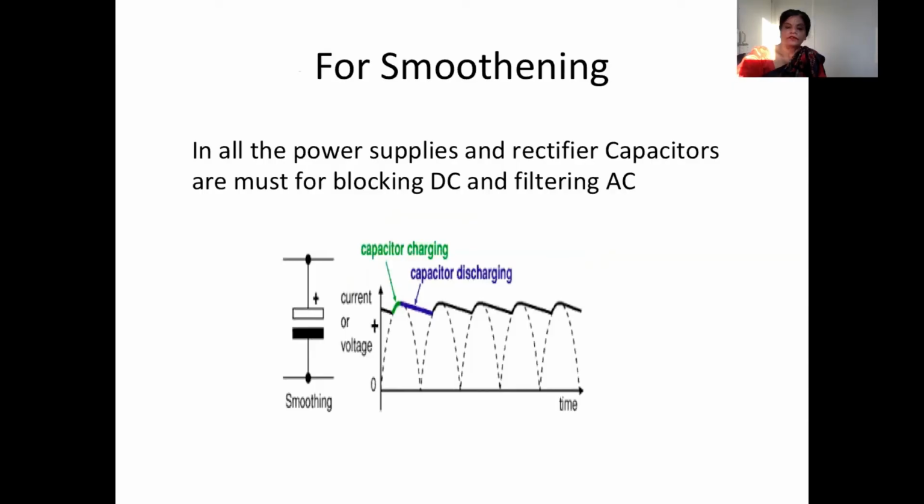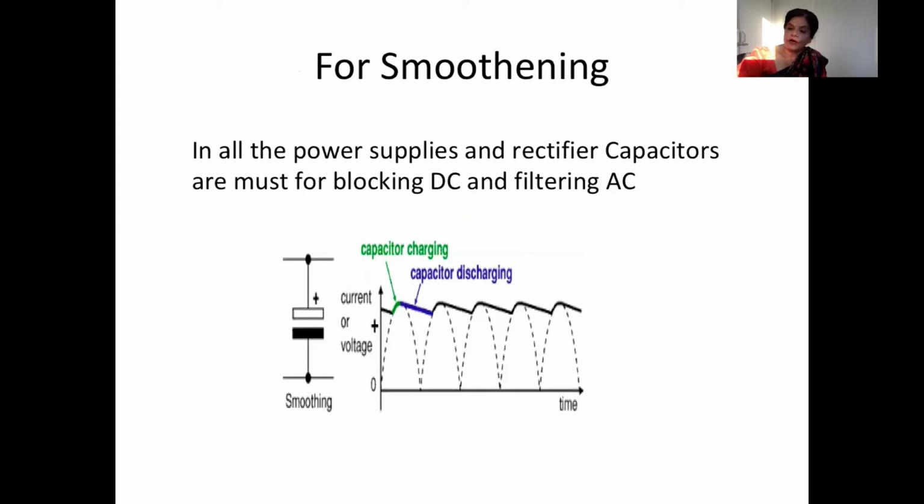For smoothing in power supply, a rectifier capacitor is a must, for blocking DC and filtering AC, sorry. In all power supplies and rectifiers, a capacitor is a must for blocking DC and filtering AC.